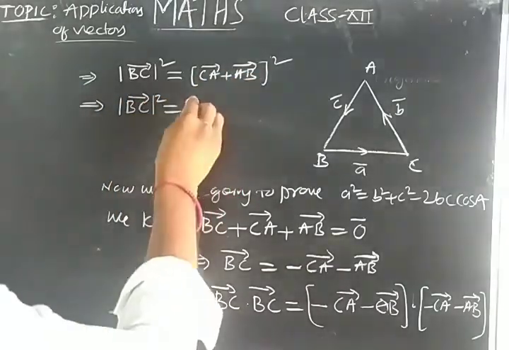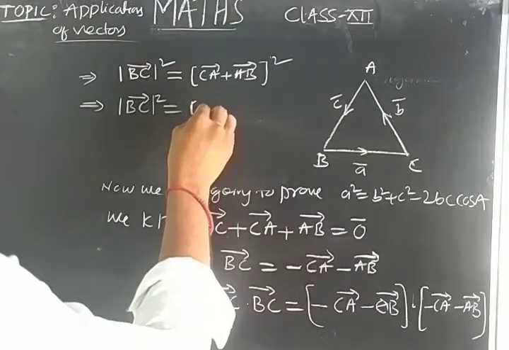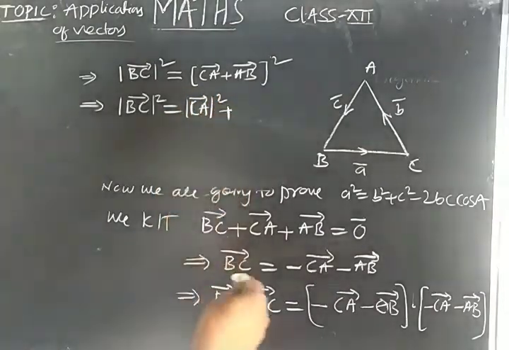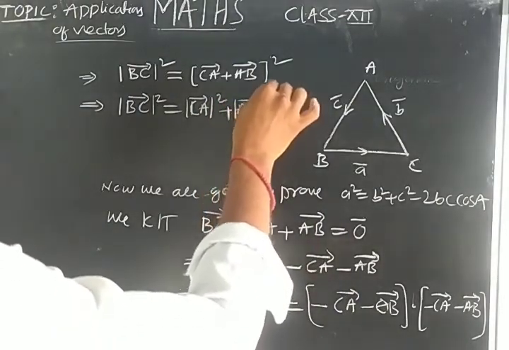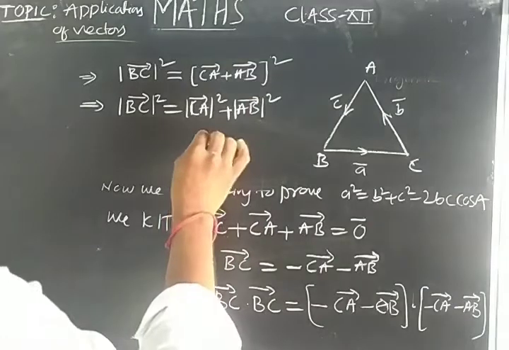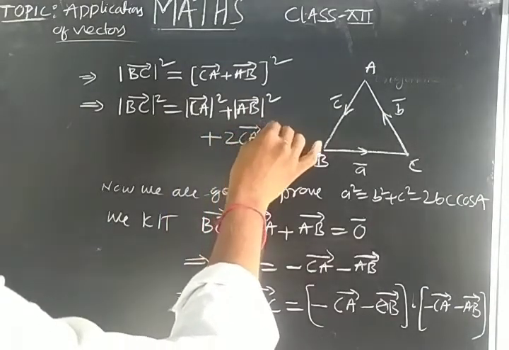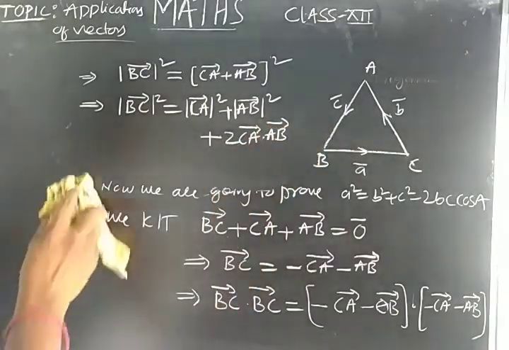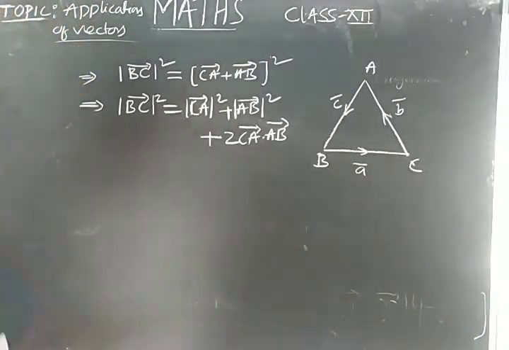By applying the square on both sides, square means here CA dot CA, which is mod CA square, plus AB dot AB, which is mod AB square, plus 2 CA vector dot AB vector.